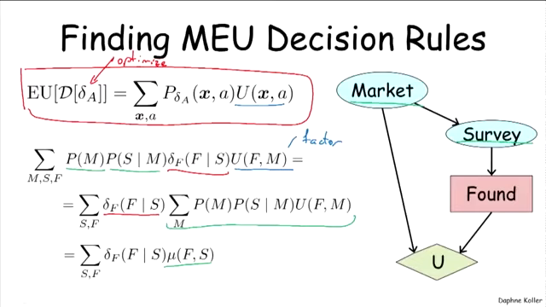And now we have actually a fairly simple expression that the agent is trying to optimize. It's a summation over all possible values of S and F of the delta, the decision rule that the agent takes over F given the situation S, given the observation S, multiplied by this factor that I just computed.